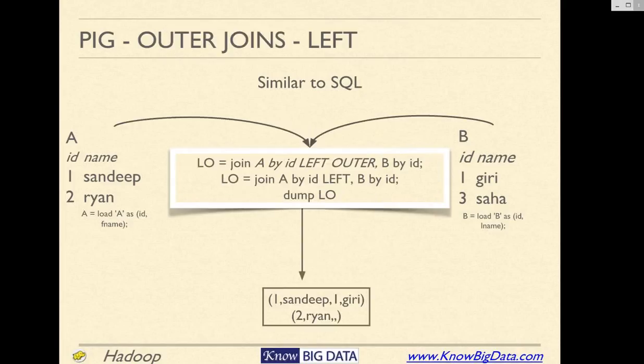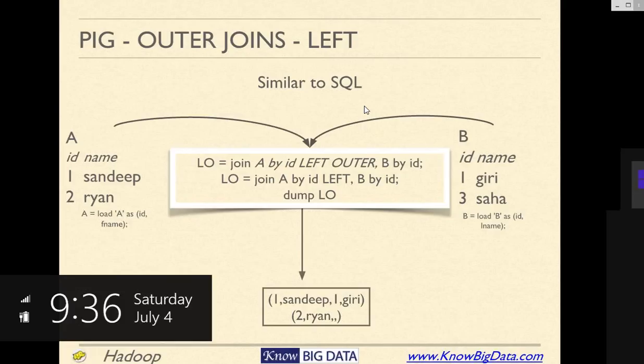Okay, so when you do a left join, what does a left join essentially mean? Can any of you tell me what is a left join? Okay, Achintya says all values from the left table.